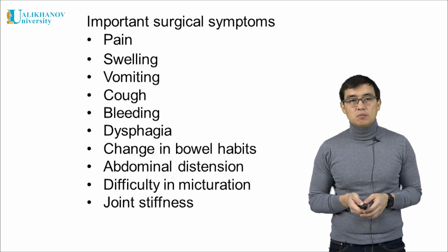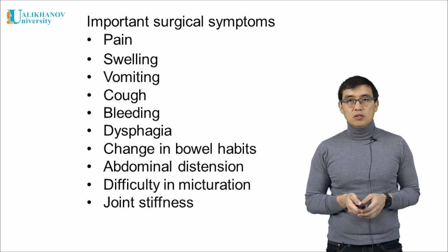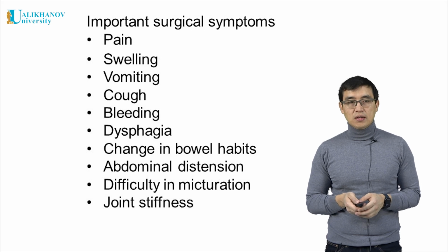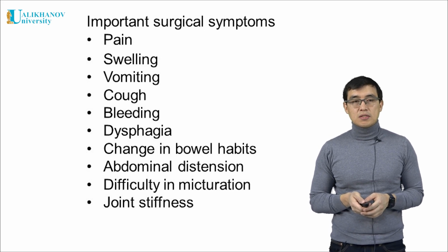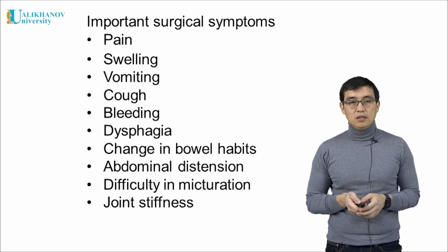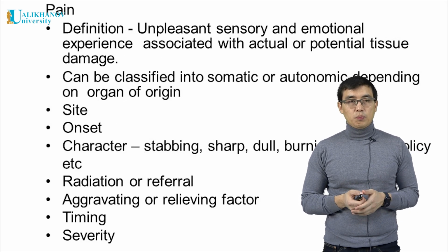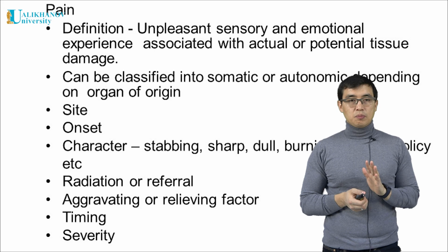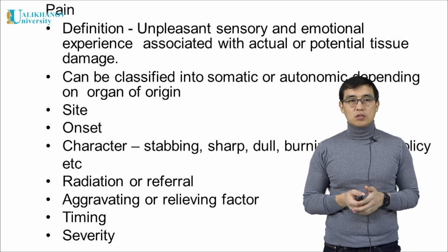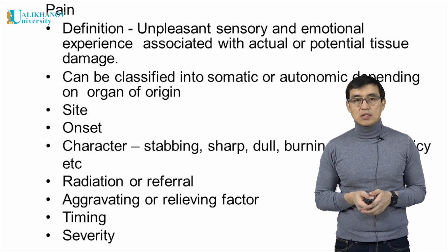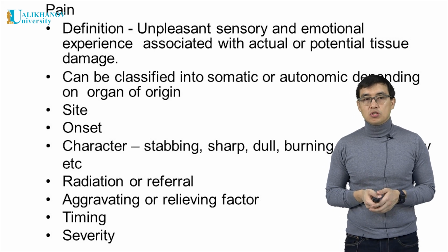Important surgical symptoms for us: pain, swelling, vomiting, cough, bleeding, dysphagia, change in bowel habits, abdominal distension, difficulty in micturition, and joint stiffness. For pain, the definition is an unpleasant sensory and emotional experience associated with actual or potential tissue damage.